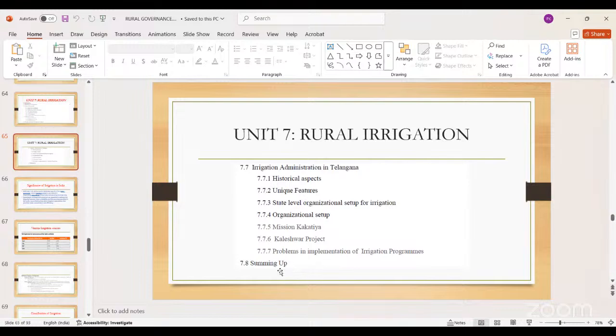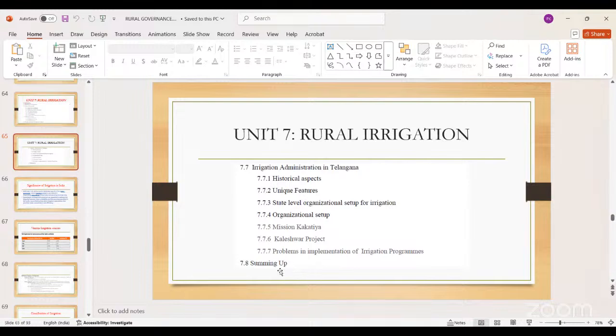The state of Telangana has the advantage of having most of the east flowing rivers in the heart of the state, which bring in supplies from the western and eastern Ghats and the Deccan Plateau. However, most of these rivers flow only in the 3 to 4 months of southwest monsoon. That is, they are not perennial in nature, right? These are the features.